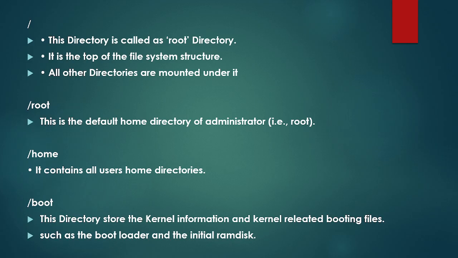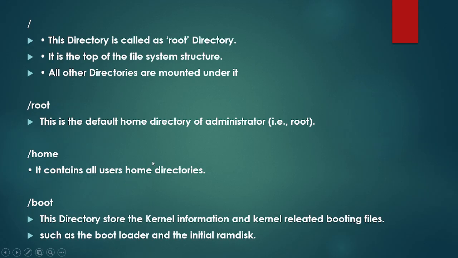First, slash: this directory is called the root directory. It is the top of the file system structure. All other directories are mounted under it. Root: this is the default home directory of the administrator. Slash home: it contains all users' home directories.